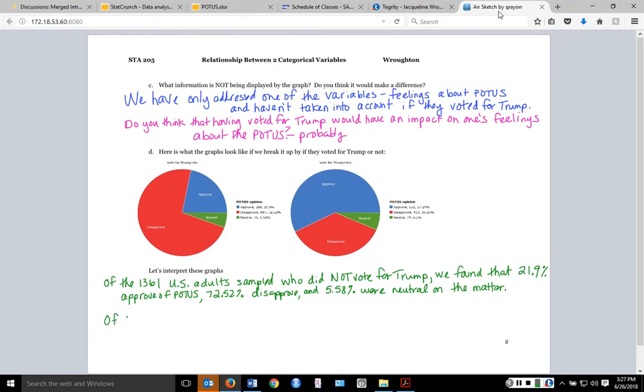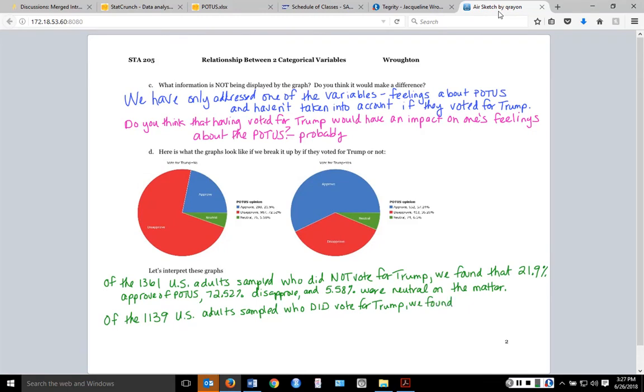So then of the 1,139 U.S. adults sampled who did vote for Trump, so again, now we're only looking at those that did vote for Trump.